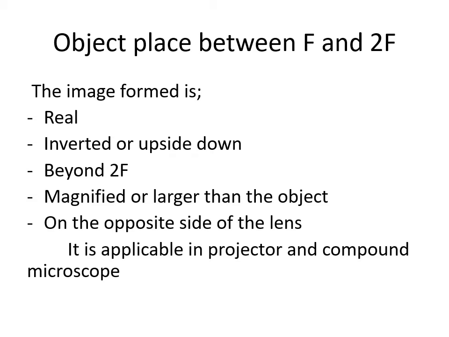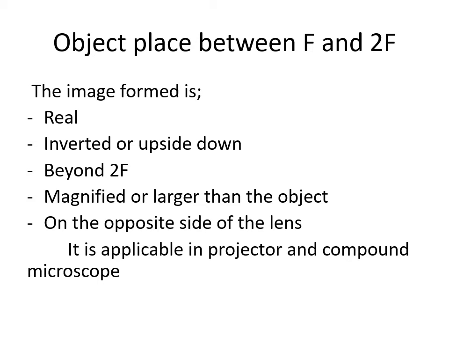Moving further, we look at an object placed between F and 2F. Remember, F is the focal length. The image formed here is real. The image is inverted or upside down. The image is beyond 2F. The image is magnified or larger than the object.